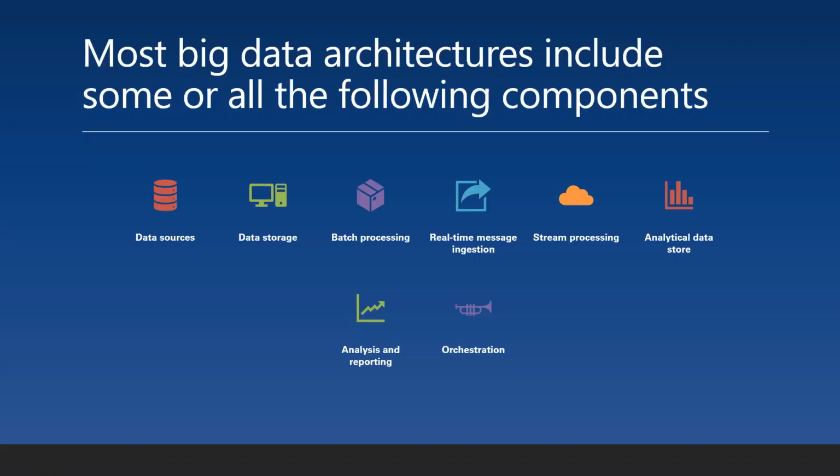There is one module available in my channel on Azure Stream Analytics. Please go through it. I showed in that module how to create an IoT hub and how to create a storage account.